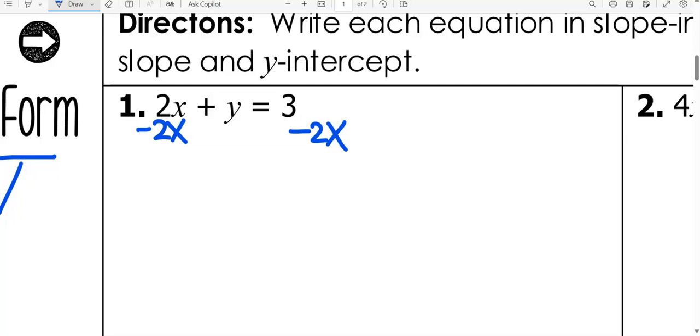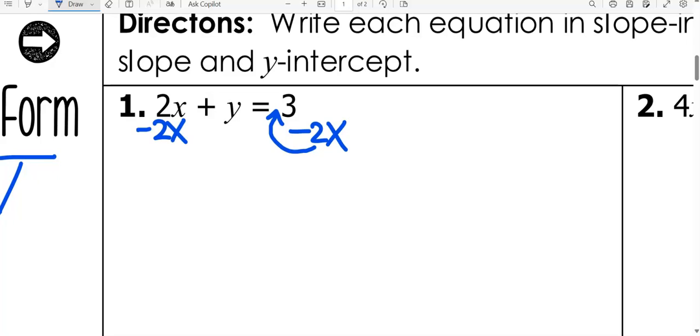Now, I don't like confusing y'all, okay? But here's a little trick that I want to teach you, okay? Don't we usually see the mx before the b when we do an equation, right? So here's the deal. This right here is the mx, and this right here is the b. So what you need to do is put this mx in front of the b.